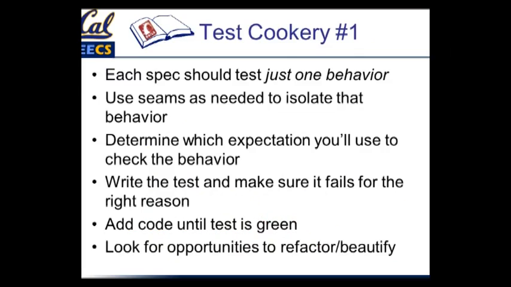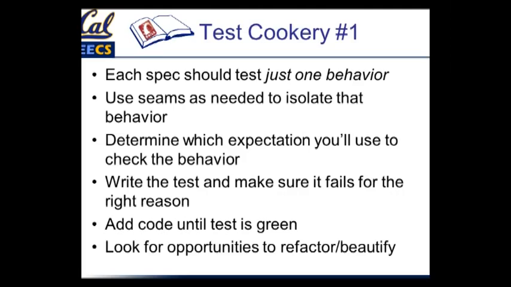So we can think of this now as we're kind of converging on a cookbook method here, right? Whenever we think about writing a new spec, we think about what is the one behavior that we want to test, where do we need to use seams so that we can isolate away all the other behaviors that are not the one we want to test, and determine what's the thing we're actually checking, right? What is the expectation? Are we checking that something should be called?